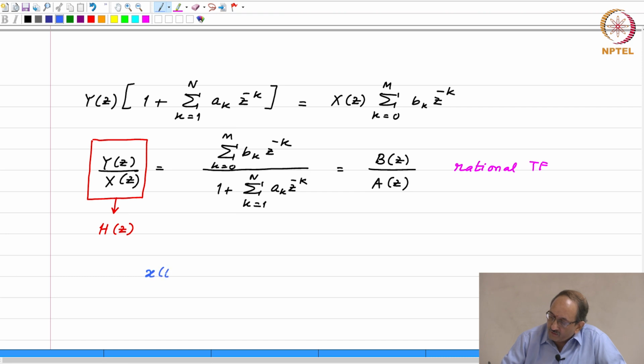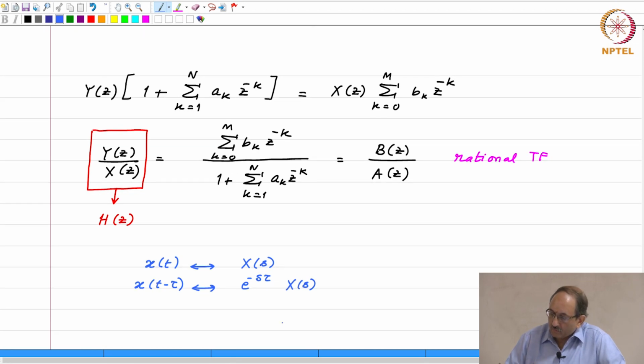You had x(t), which has transform X(s), and x(t minus tau) is e to the minus s tau times X(s). So the delay element in continuous time has transfer function e to the minus s tau.